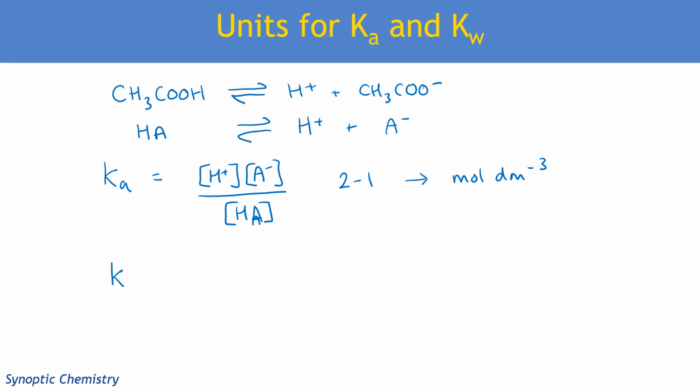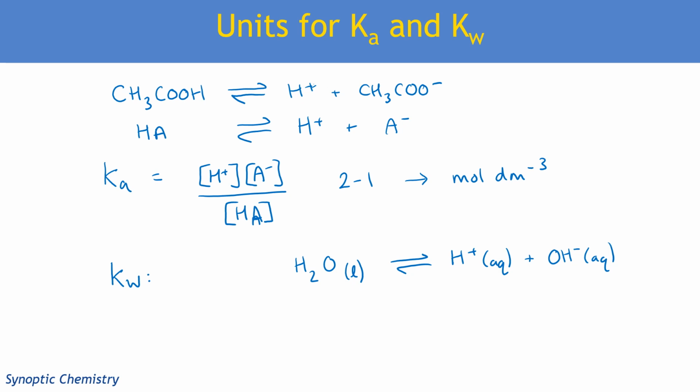Kw, however, is different, and that is because when water dissociates, we need to be a little bit careful about the state symbols. So water is not dissolved in itself, it is just itself, it's a liquid. And when it dissociates, it does form ions which are dissolved. So the H plus and the OH minus have a value of concentration that can change, but the water can't change its concentration.